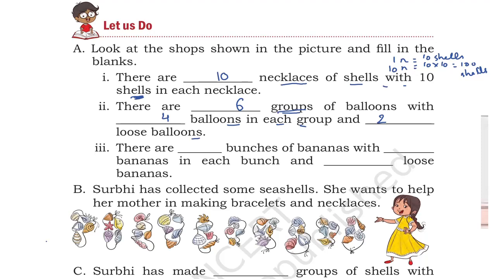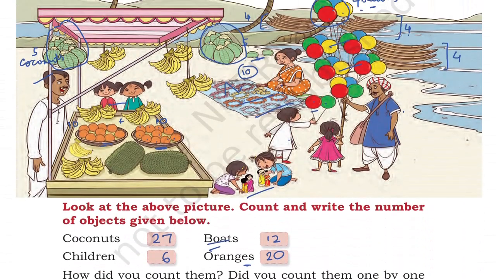All right, going back to bananas. The fruit vendor has many bananas. Let's see. One bunch has 12 bananas. How many bunches are there? 3 I see hanging on top and 3 I see down here on his cart.